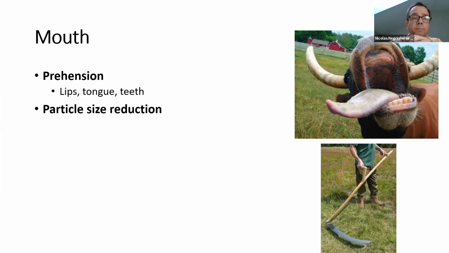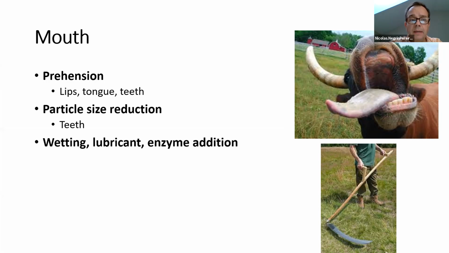So this prehension is mainly done by the lips, the tongue, and the teeth. The mouth is also the main site for mechanical digestion, especially the reduction in particle size of feed, which is done by the teeth, and we will see how the different teeth shapes change according to the species considered.